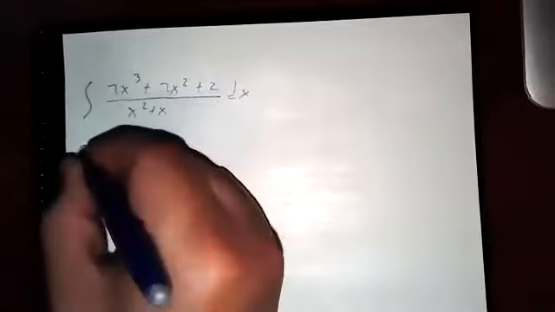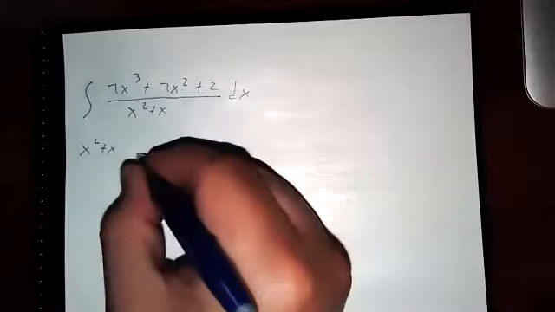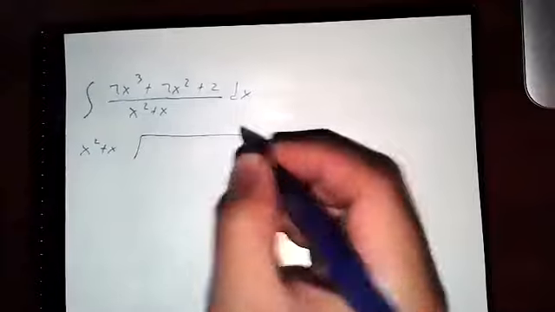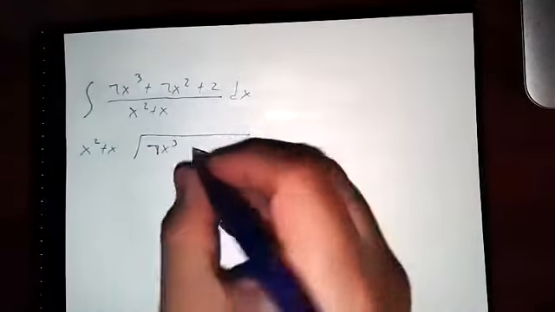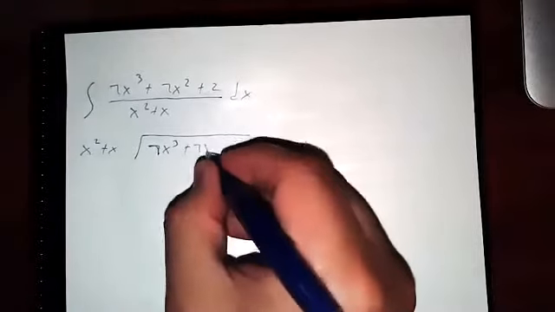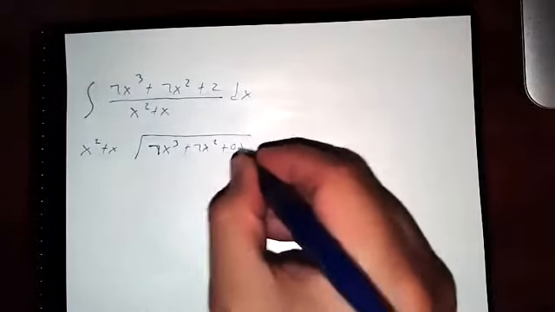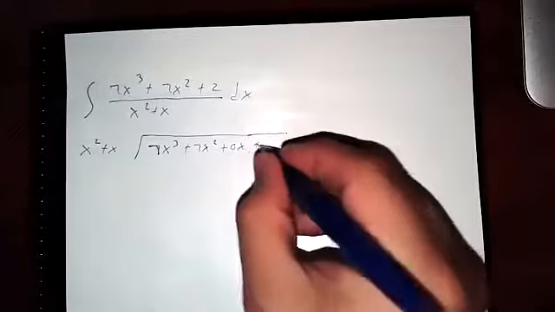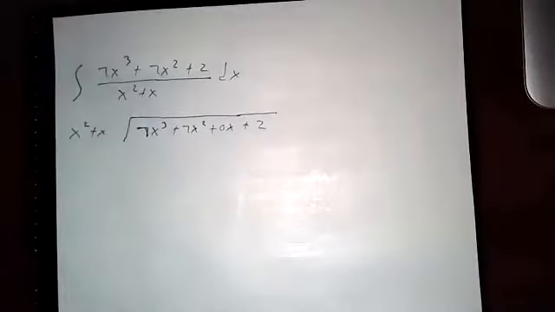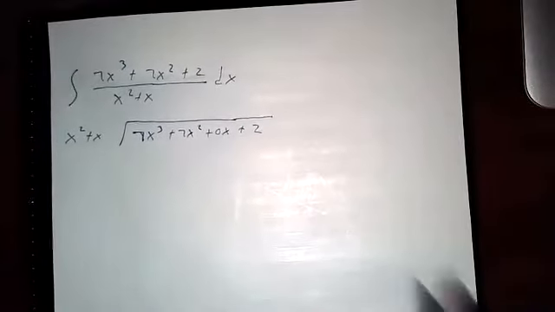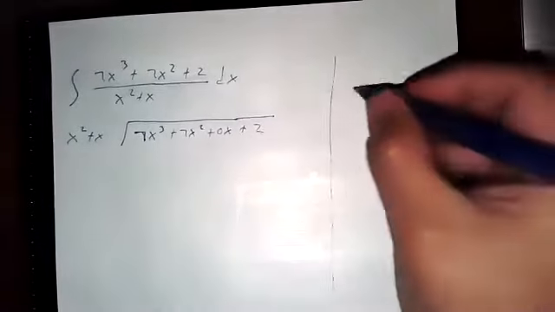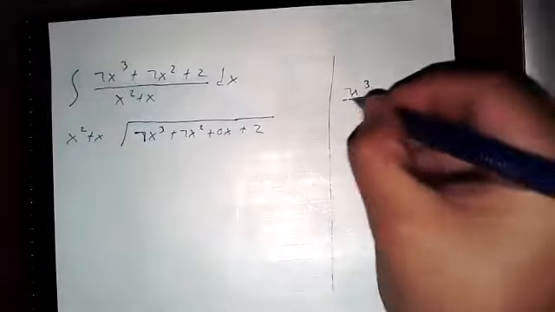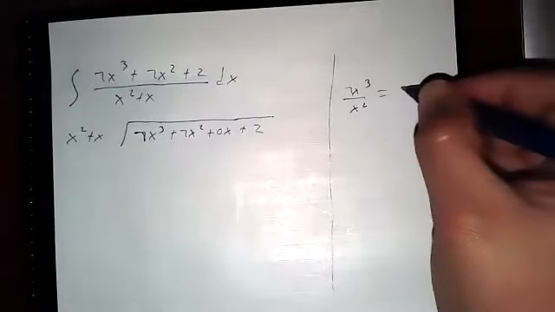All right. What I'm going to have to do is divide this guy into this one before I do anything. And I've got to have all the descending degrees or powers in order to do so. So here will be my scratch work. 7x cubed divided by x squared is equal to 7x.